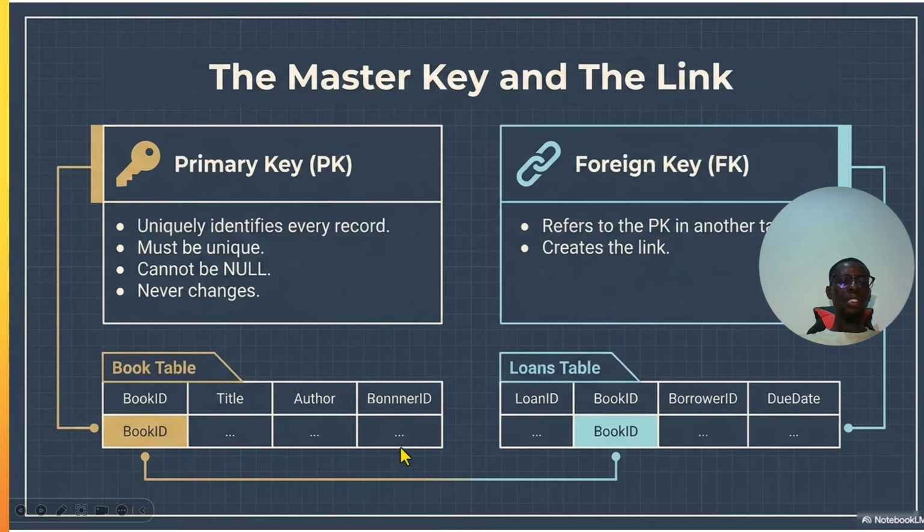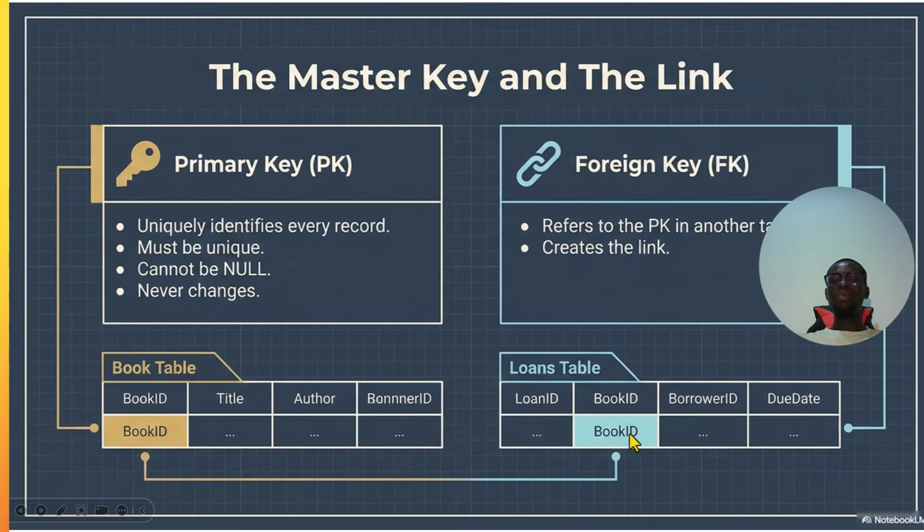All these three, the title, author, and owner ID, are describing what? The book. And if we are to search the book anywhere in a different table or in a different database, we have to link its primary key into that table, and that is why the primary key we are seeing here is linked to the loans table.